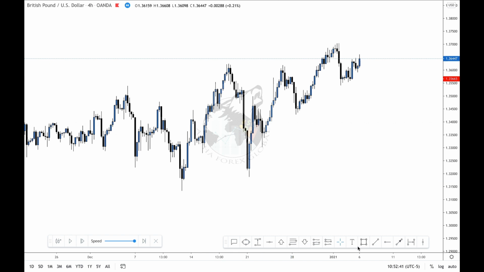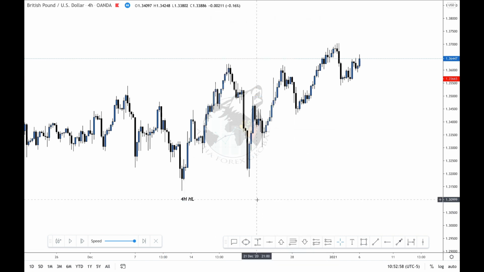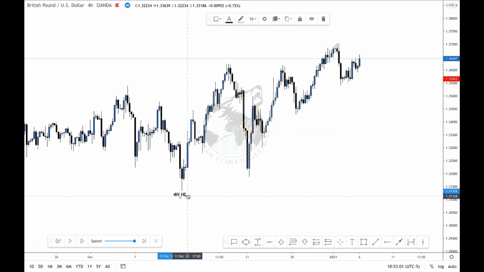So on the 4-hour time frame, we identify that this, remember, we're coming from all the way down here, so this would obviously be a higher low, right? So 4-hour higher low, right?